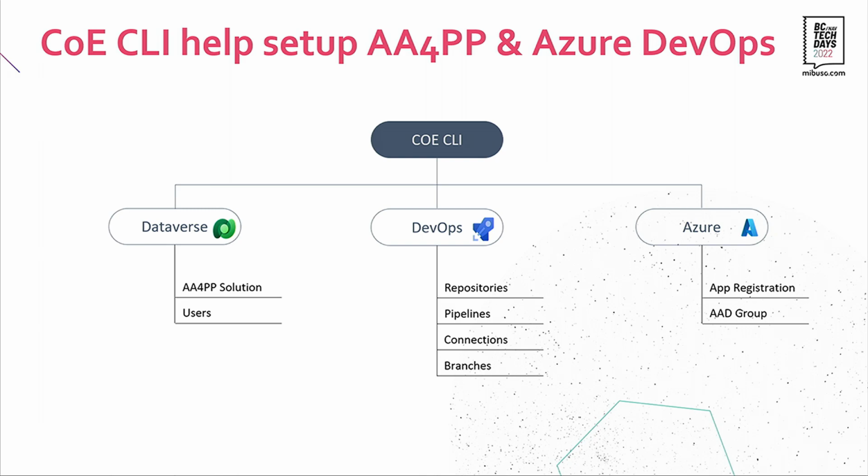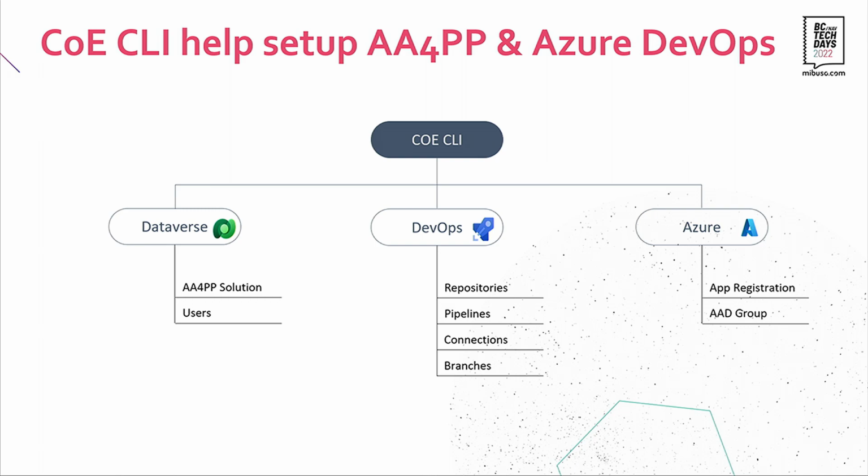What happens during the whole installation? You see here Dataverse. There is a solution which is imported. It's the tool. It is a solution inside of Dataverse, something for our citizen developers who are not able to do something in Azure DevOps, but are able to click a button to invoke something.